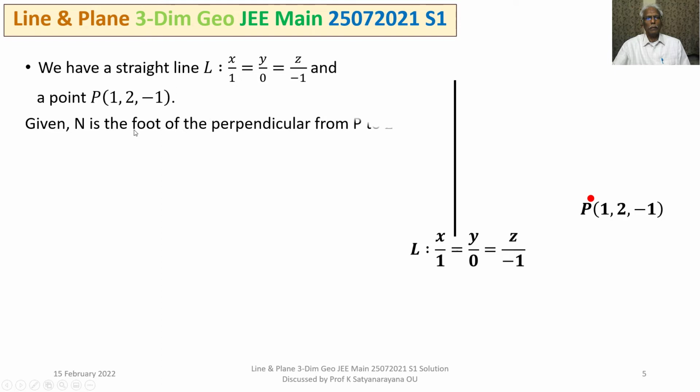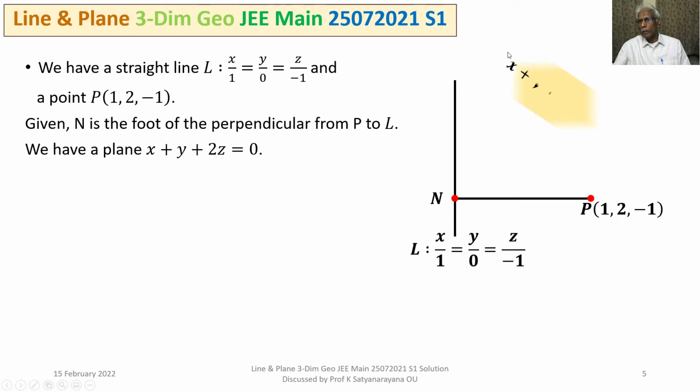Given N is the foot of the perpendicular from P to L. From P to L, there is a perpendicular drawn, and that perpendicular meets the line L at N. So this is the point N. We have a plane x plus y plus 2z is equal to 0.